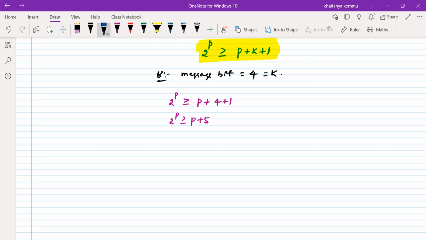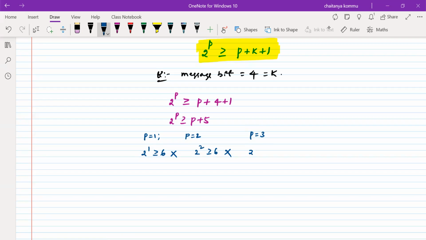So if you put p equal to 1, for example, then 2 power 1 is greater than or equal to 6? It's not valid. If p is equal to 2 parity bits, is it possible? 2 power 2 greater than or equal to 6? No, it is also not possible. 4 is not greater than or equal to 6. If you consider p equal to 3 parity bits, then 2 power 3 is greater than or equal to 6.